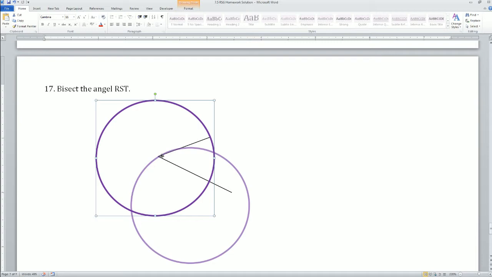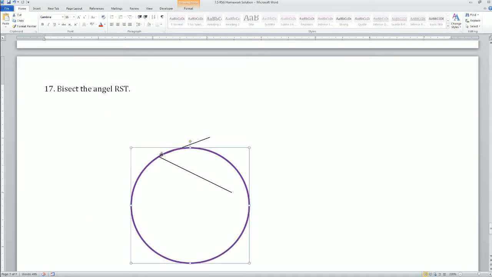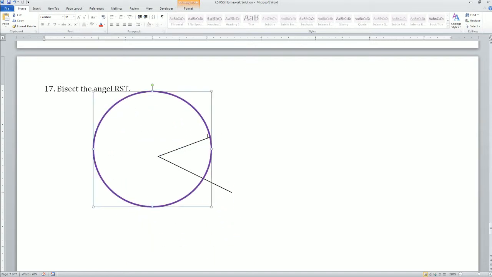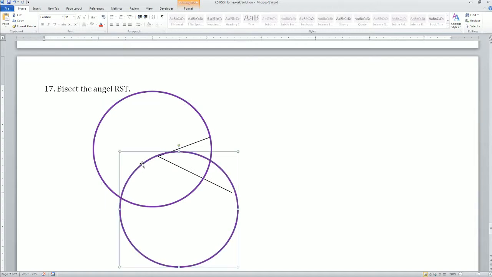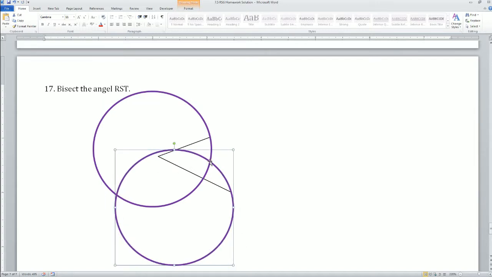So here would be the first one from this first circle. Wait. The first one would be like that. Then the second one would be right here. You see the intersecting here? The intersection's right there.